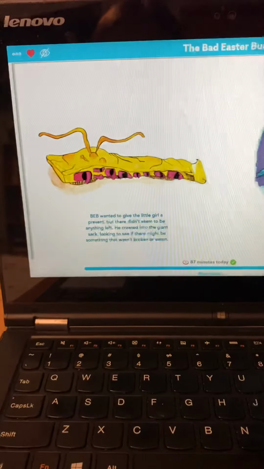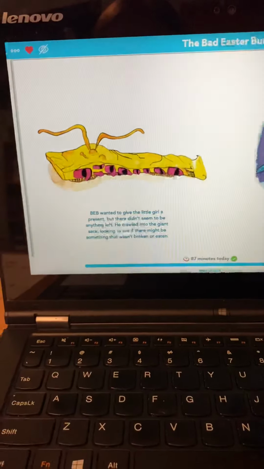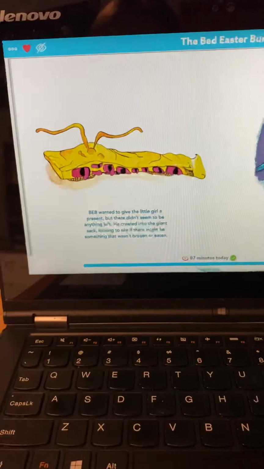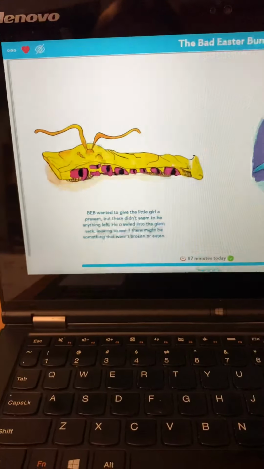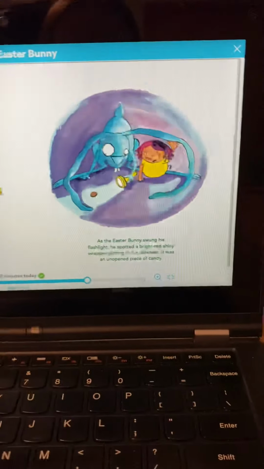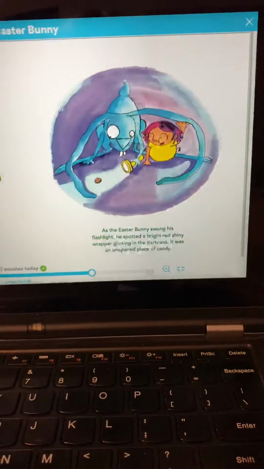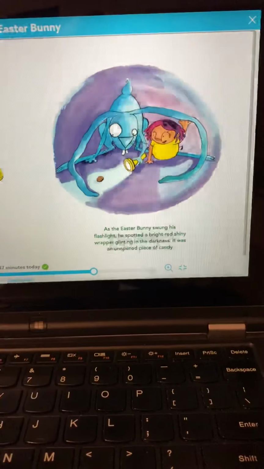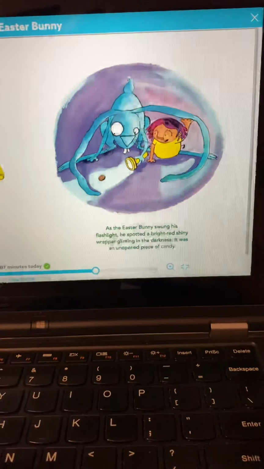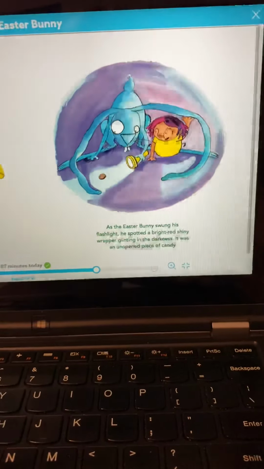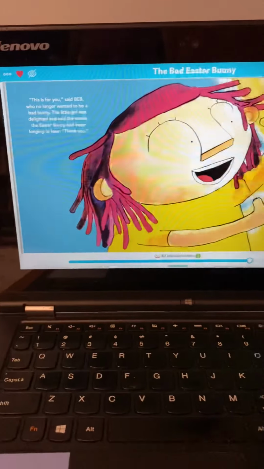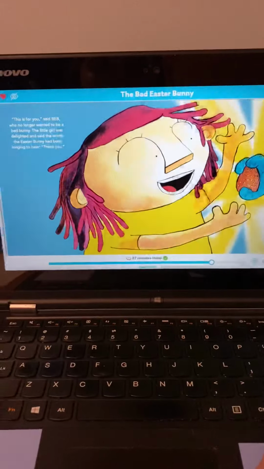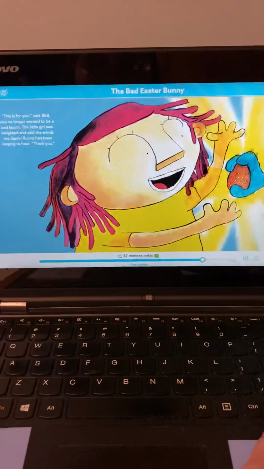B.E.B. wanted to give the little girl a present, but there didn't seem to be anything left. He crawled into the giant sack, looking to see if there might be something that wasn't broken or eaten. As the Easter bunny swung his flashlight, he spotted a bright red, shiny wrapper glistening in the darkness. It was an unopened piece of candy. "This is for you," said B.E.B., who no longer wanted to be a bad bunny.